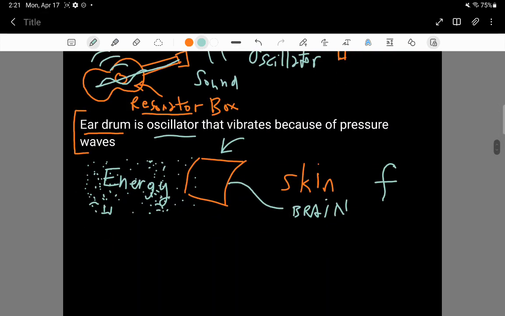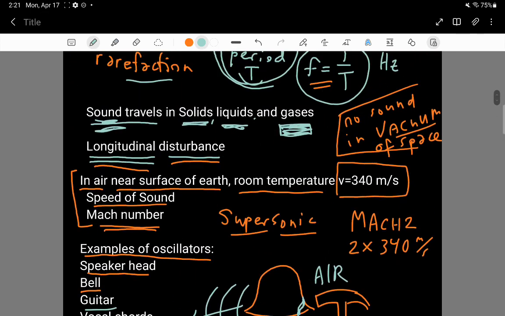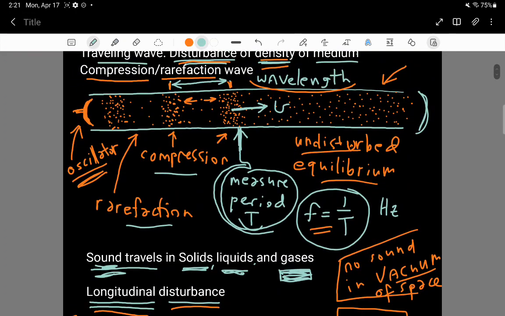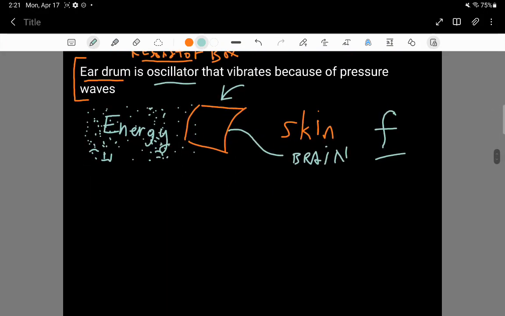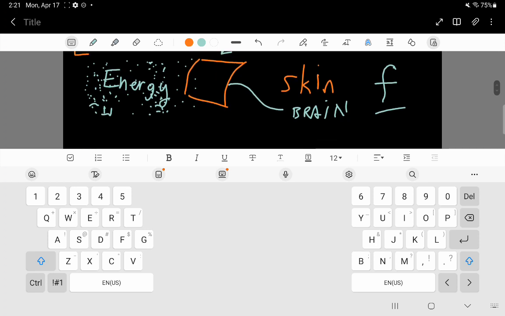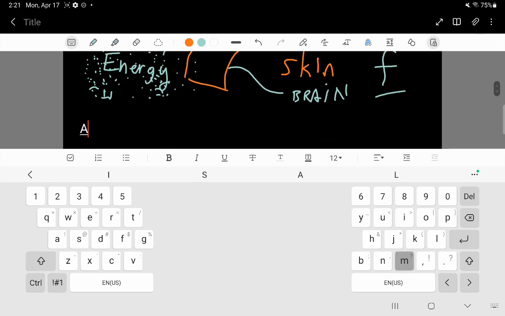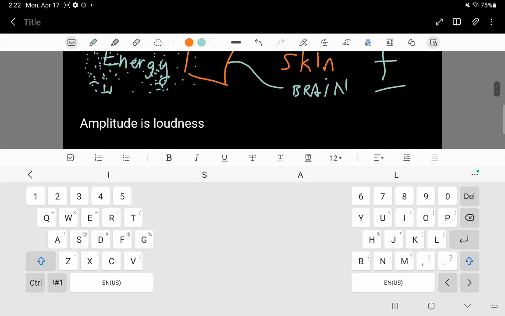So frequency is something that you're used to, but what about amplitude, right? So amplitude for sound is loudness, right? And amplitude is also the density change from equilibrium.